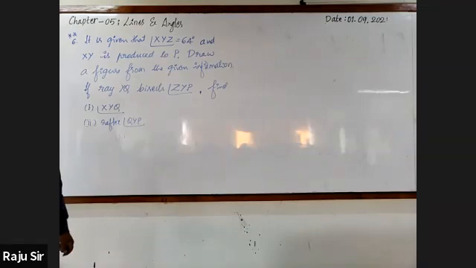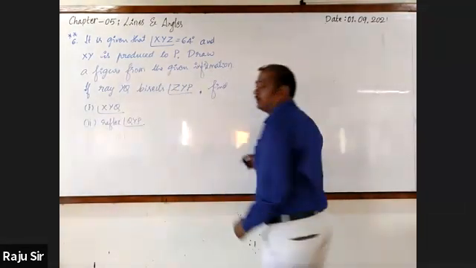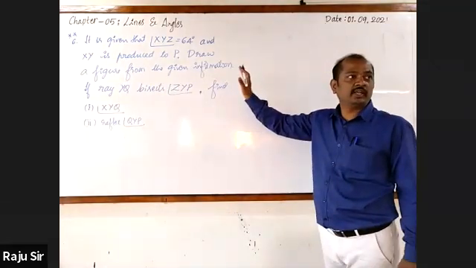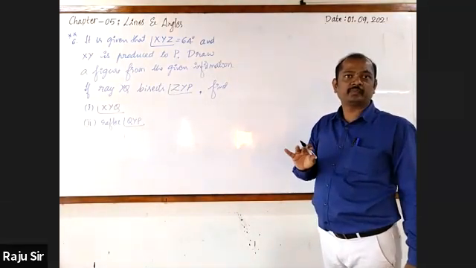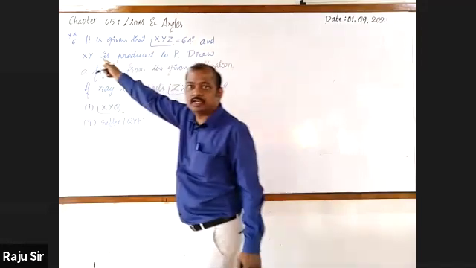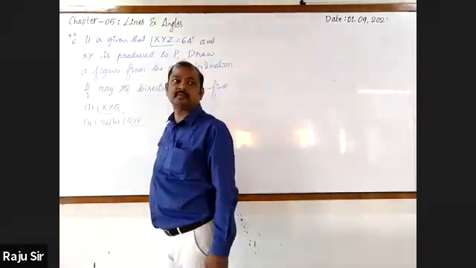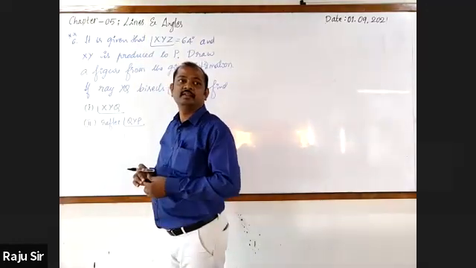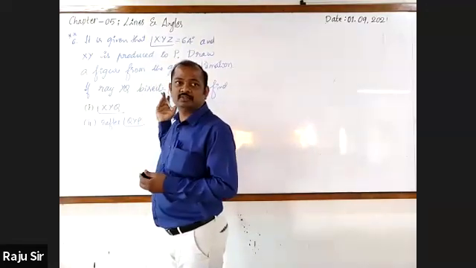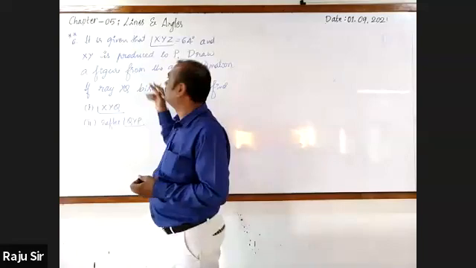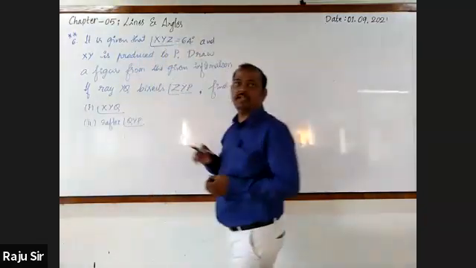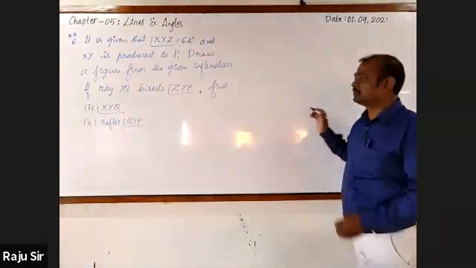Now you may cross check your geometrical figure. Cross check only. Don't go for drawing now. Go through the statement. It is given that angle XYZ is 64 degrees.